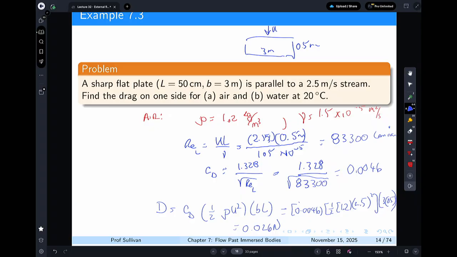So it's not a very large number, 0.026 newtons.